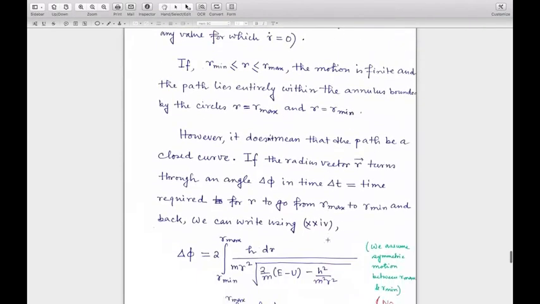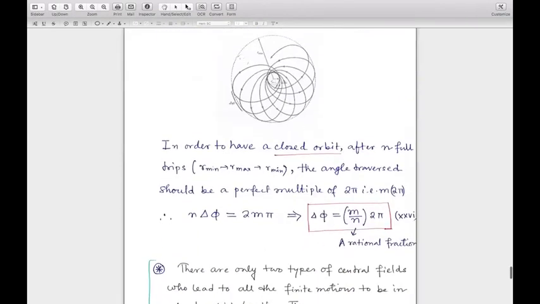If you just see this type of picture, here for example, when the particle is going from here to here, R is basically increasing. R is measured from this center to this direction, so you can see that the position vector is increasing. Then this is the turning point, and after that when it comes back, R is decreasing.